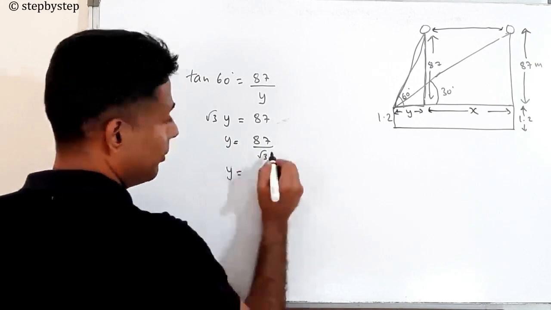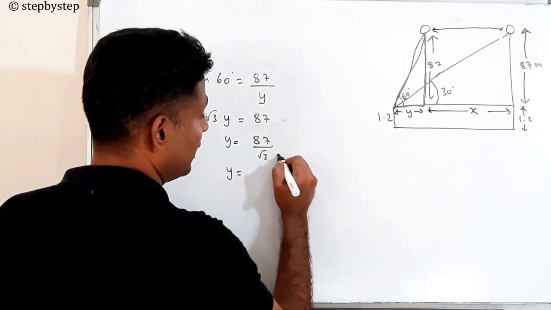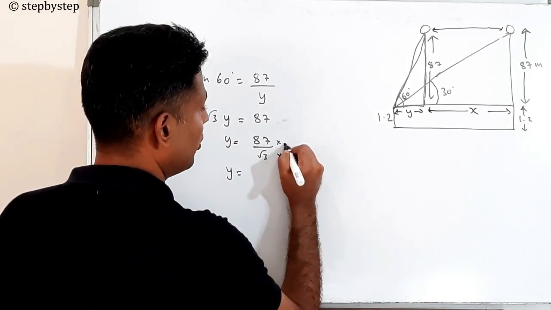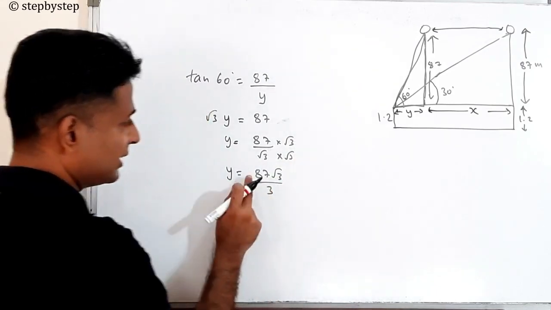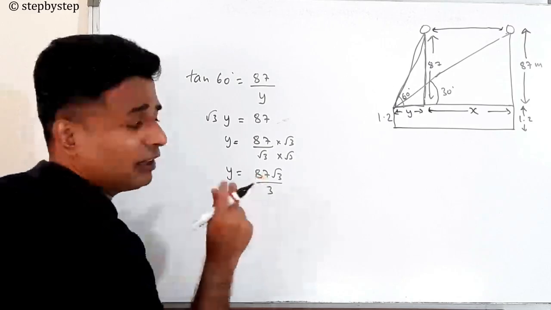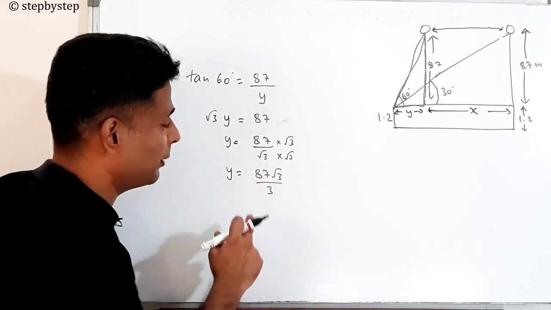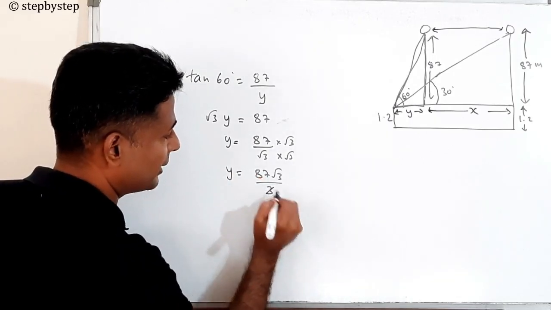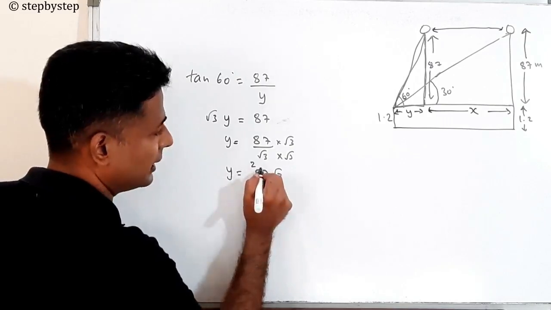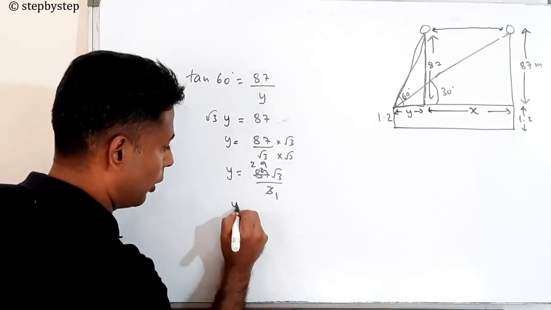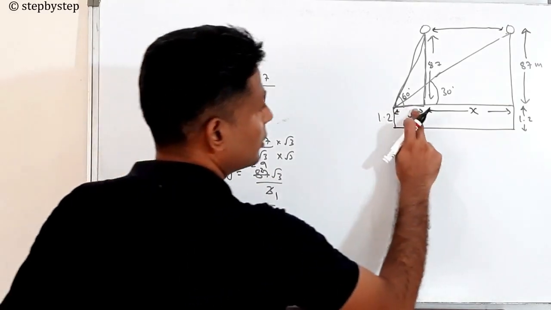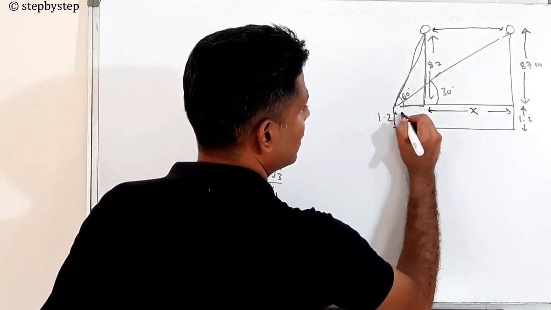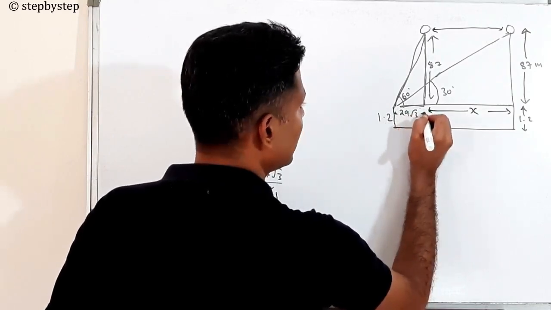We have to rationalize the denominator, multiplying by root 3 over root 3, so we get 87 root 3 by 3. Is this divisible by 3? Yes, 8 plus 7 is 15, and 15 is divisible by 3. Hence this is divisible by 3. 3 ones are 3, 3 nines are 27. So what do we get? y equals 29 root 3 meters. So we got this much part as 29 root 3.